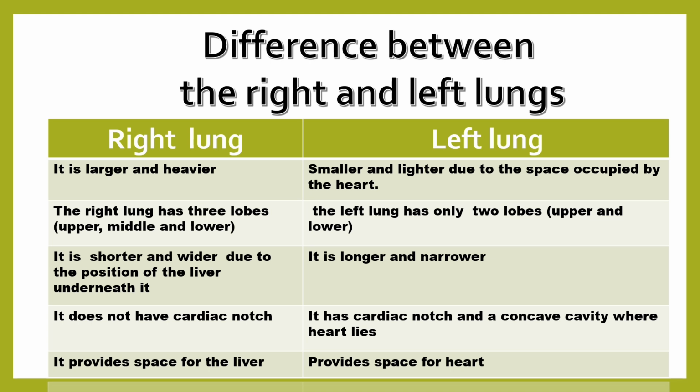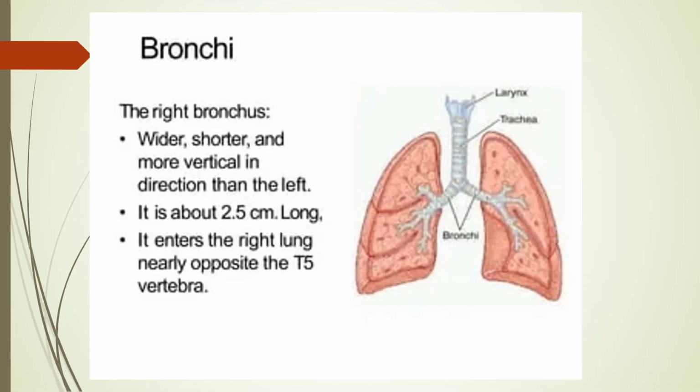The left lung is longer and narrower than the right lung. The right lung does not have a cardiac notch. The left lung has a cardiac notch, a concave cavity where the heart lies. The right lung provides space for the liver and the left lung provides space for the heart. These are the main differences between the right and left lung.